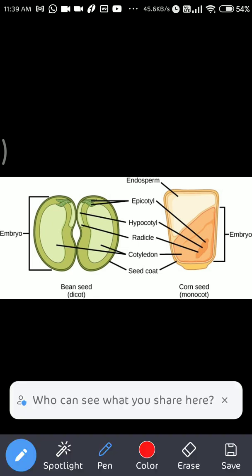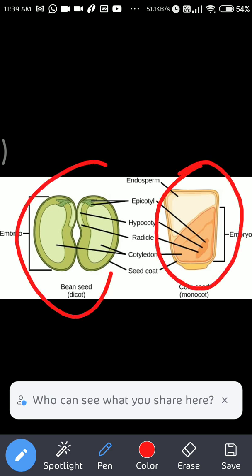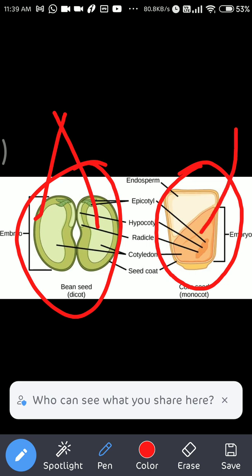So this one is the monocot seed, this one is the dicot seed. Here in the dicot, these two are the cotyledons. In the monocot, one is endosperm and one is cotyledon.